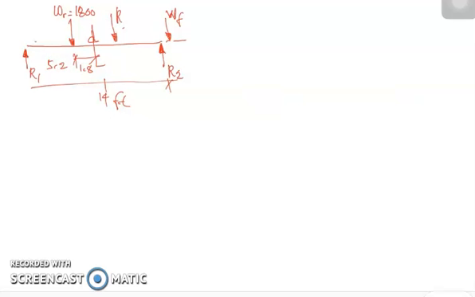So meaning to say we only have one load that is acting, the rear wheel, which is 1,800. Of course, this is 3.6, so halfway is 1.8, 1.8. So this is 7 minus 1.8, so we have 5.2. The other side is also 5.2.